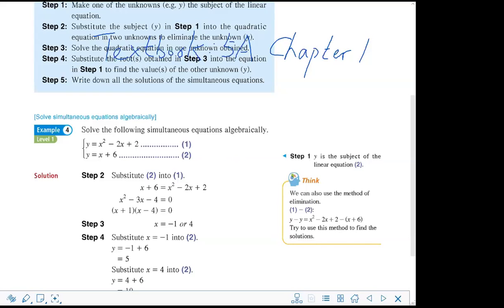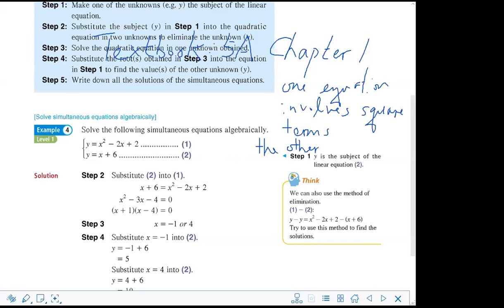So one equation involves square terms, and the other equation has no square term.